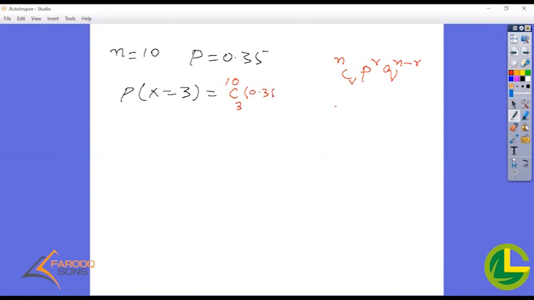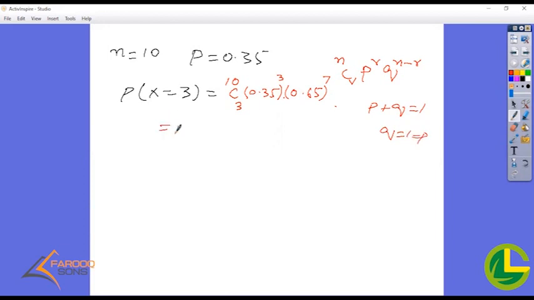Now you must know when p is 0.35, what is the value of q? So 1 minus 0.35 is 0.65, which is q, power 7. Because I taught you p plus q is equal to 1, or you can say q is equal to 1 minus p.